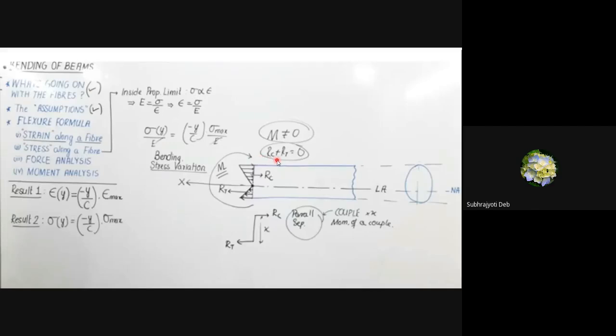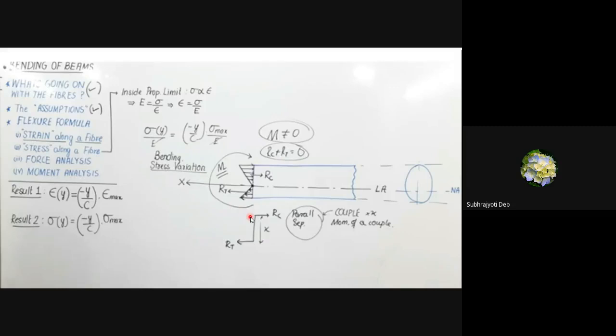The resultant of compression plus tension, the summation will be 0 because it is in equilibrium, isn't it? Yes, sir. The resultant of your compression plus tension will be 0. But the moment here is not 0, because you are applying a load.